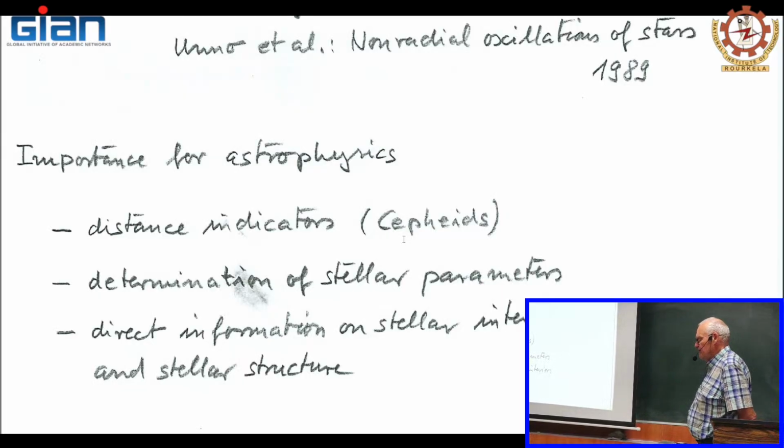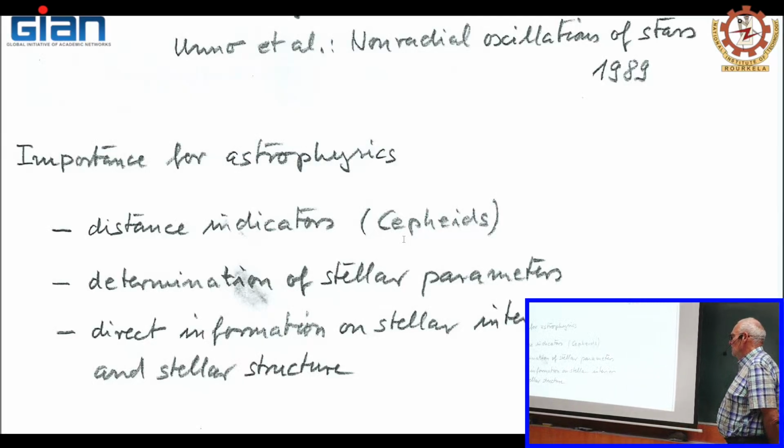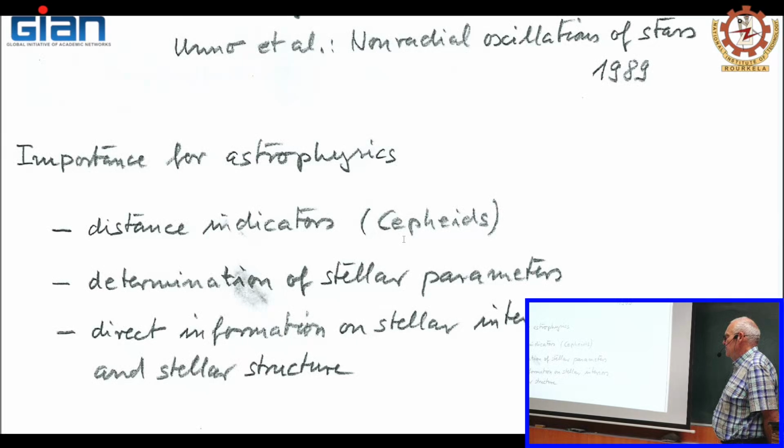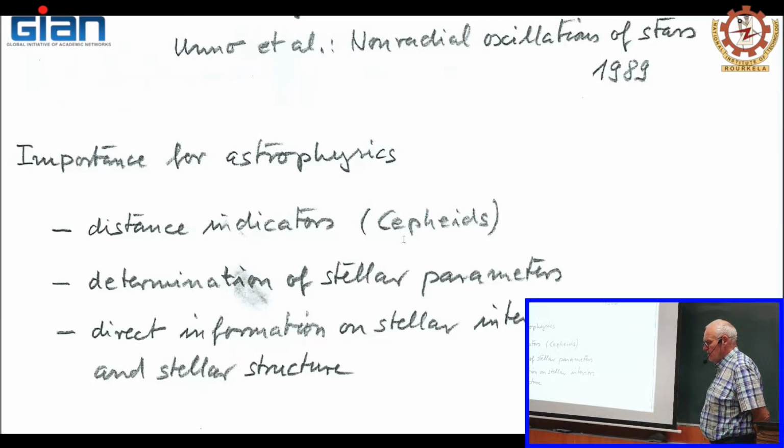In some cases we have more than one pulsation period, and then we can also use period ratios to determine and confine stellar parameters such as masses and densities, for instance.